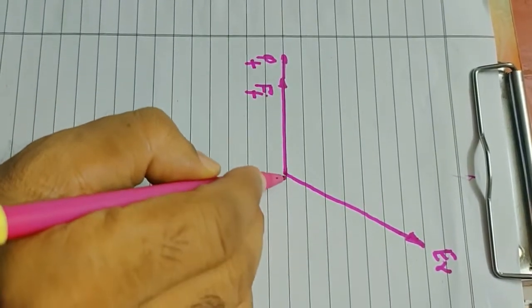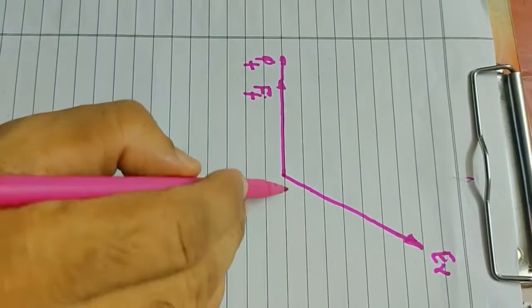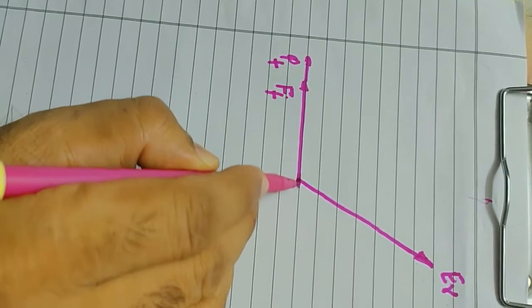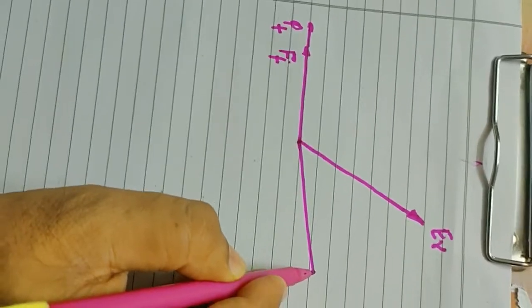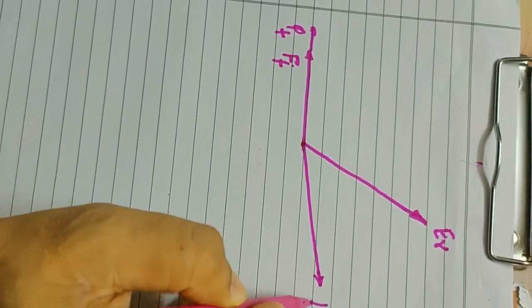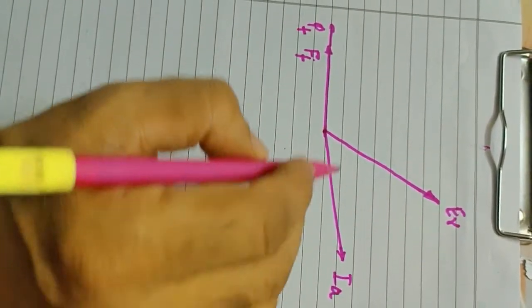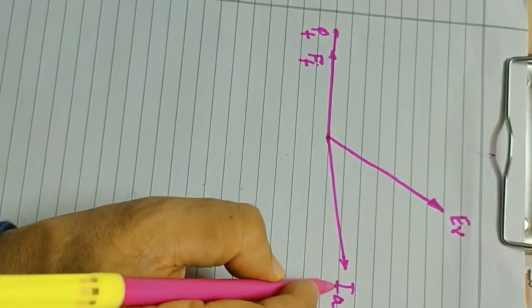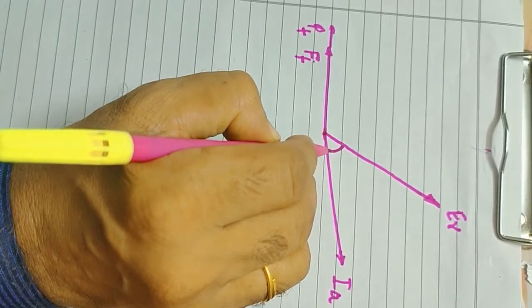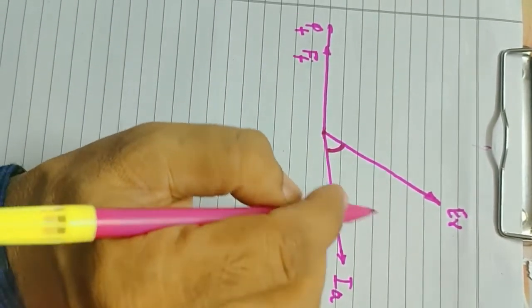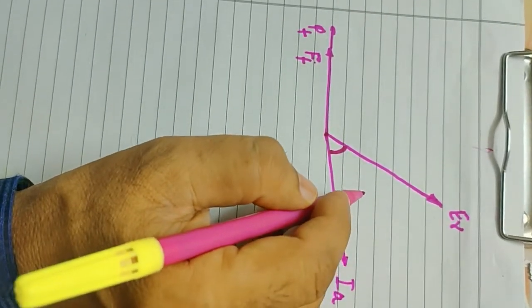Then the armature current lags ER by a large angle of about 90 degrees. Intentionally the armature current is plotted here; this is the armature current IA. It lags ER by about 90 degrees because the resistance is small and the leakage reactance is large.